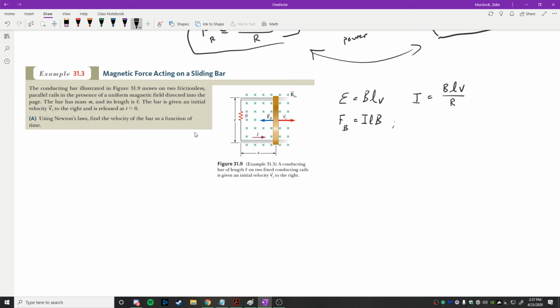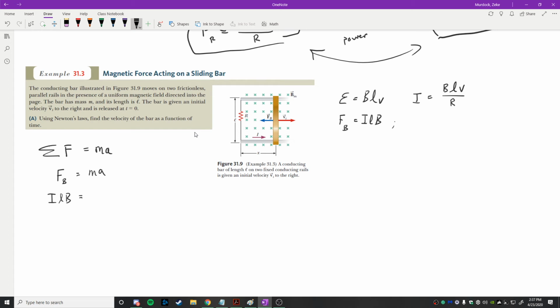So let's come over here. We can say the net force acting on our rod should be equal to the mass of the rod times its acceleration. The net force on the rod is just going to be this F_B. And for a, well, let's leave it as a for now. Magnetic force is ILB.